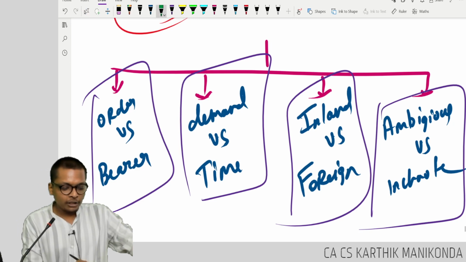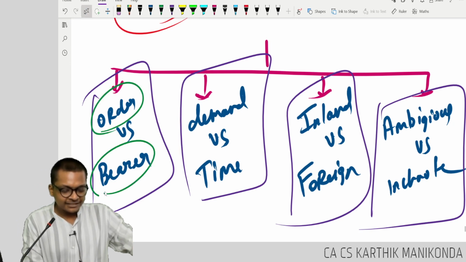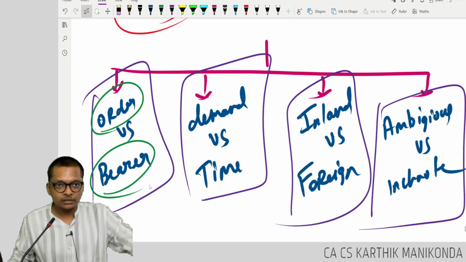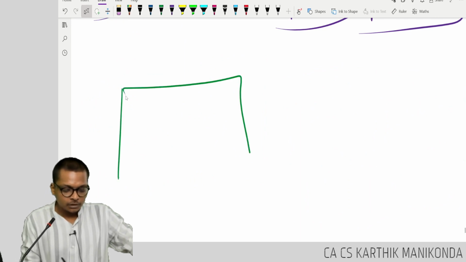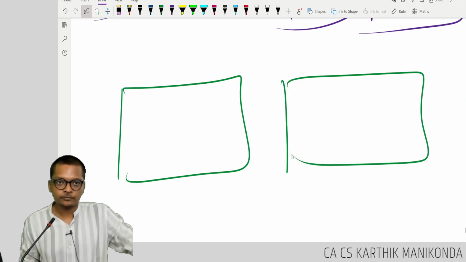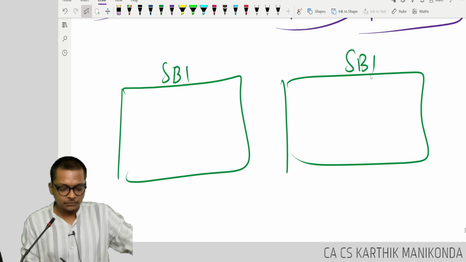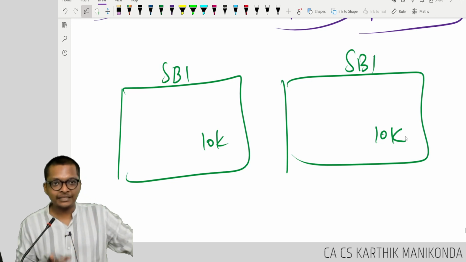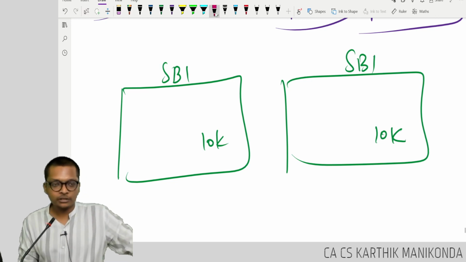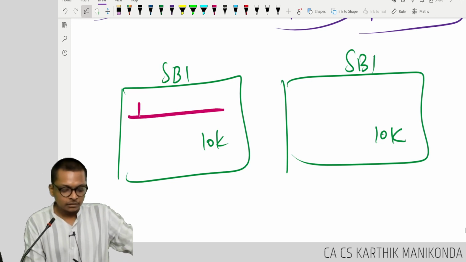I'll go in the same order, starting with order versus bearer instrument. I'm writing 2 checks, same SBI, 10,000 and 10,000. In a check I can't write 10k, guys; it's just an example. Here I'm writing Dilli Babu.